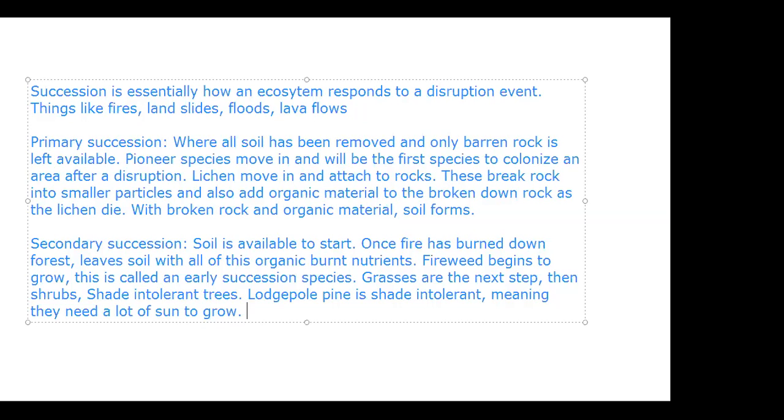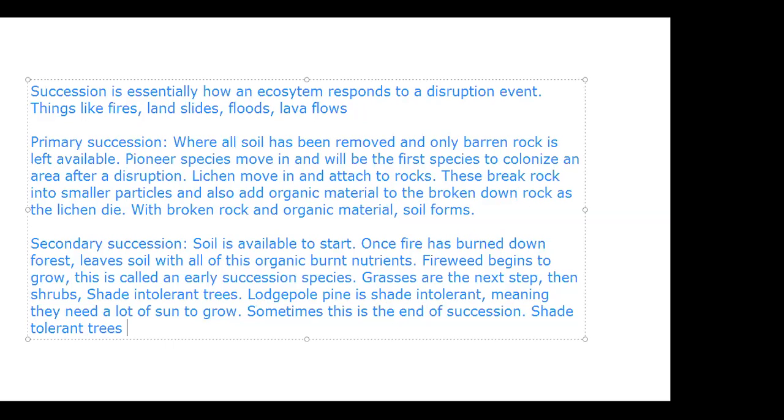Basically, the fire has to come through, burn, and that will release a lot of different stuff, okay? And so you've got your lodgepole pine or these shade intolerant trees, and they need to grow. Sometimes this is where you end succession. If not, you're going to have a lot of your more hardwood trees that can grow in, okay? So your shade tolerant trees will grow over them.